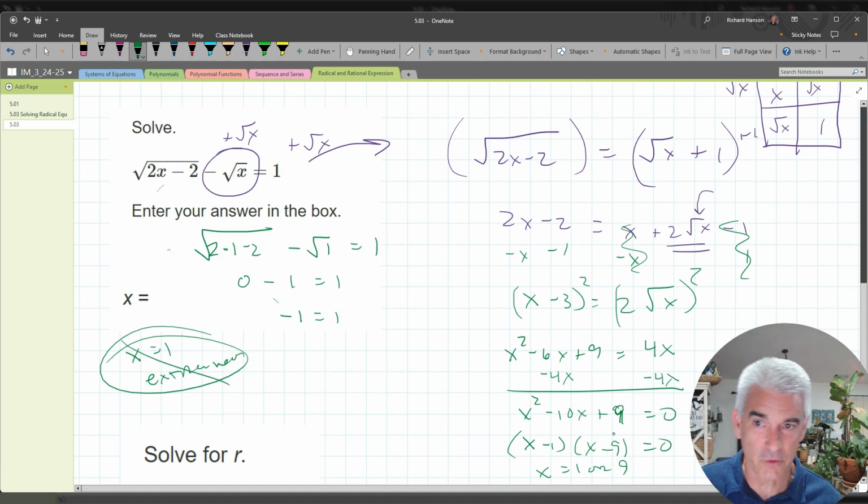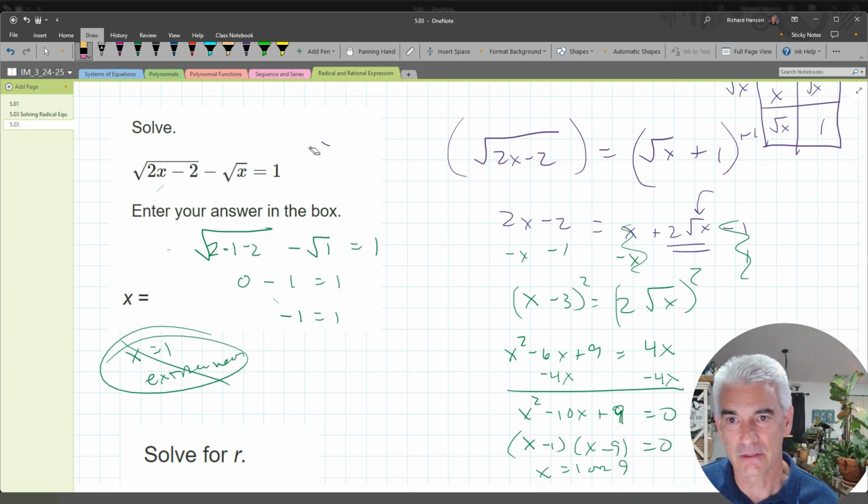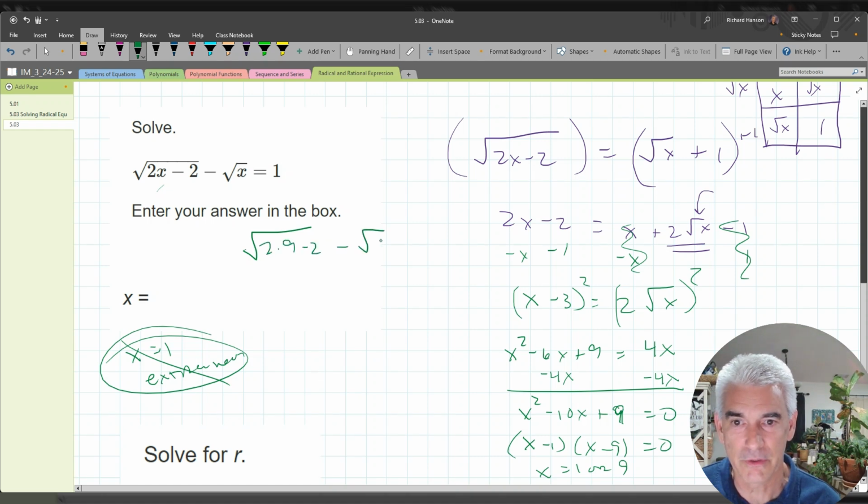Let's cross our fingers, hope that 9 is the solution. I'm feeling better about 9. So let's check and see. Now let me just erase all this. Okay, and you can play back the video, right? So the square root of 2 times 9 minus 2 minus the square root of 9 equals 1, hopefully.